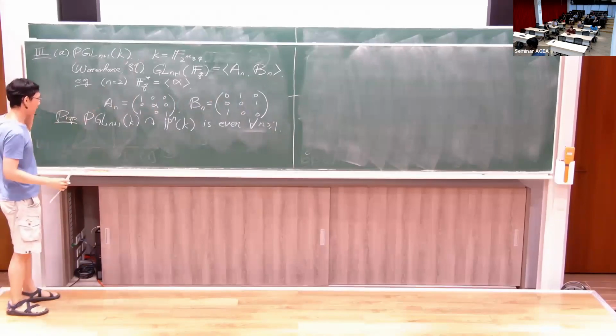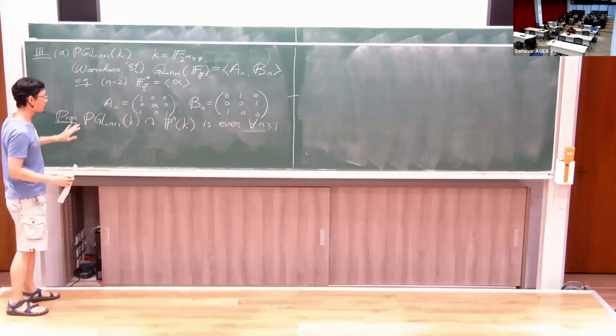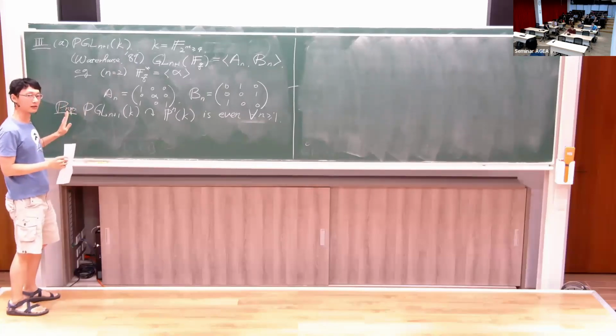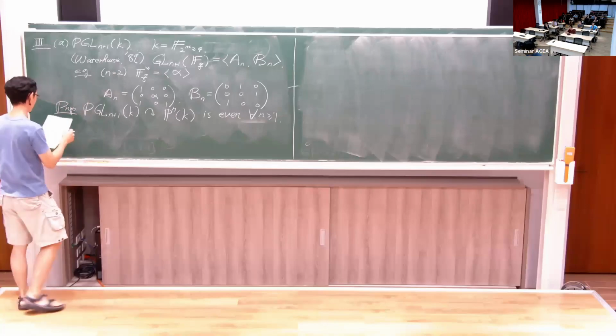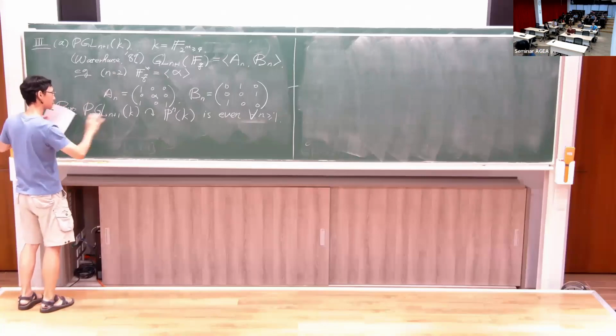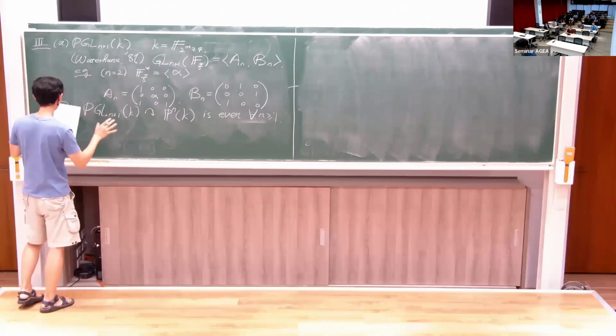So the projective transformation always produces an even permutation over that field. Over the other finite fields, it's easy to construct a counterexample.